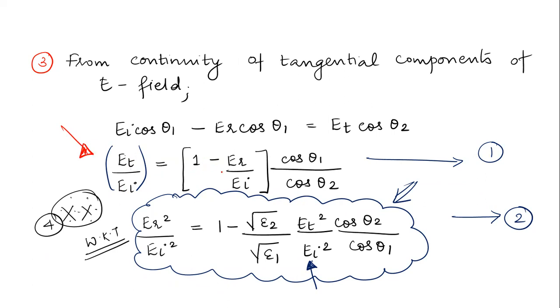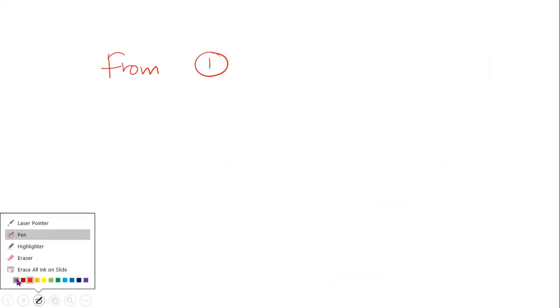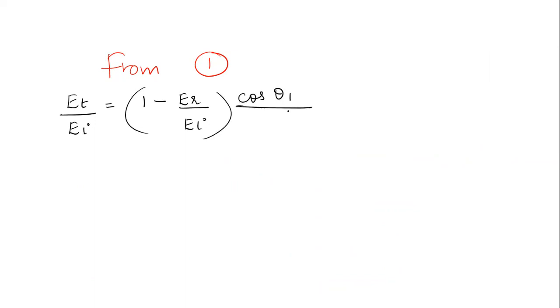And what is ET upon EI? 1 minus ER upon EI into this term. So you're going back to 1. So I'm going to write from 1. What do I get from 1? I'll get ET upon EI is equal to 1 minus ER upon EI into cos theta 1 upon cos theta 2.